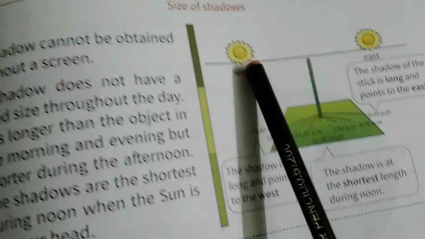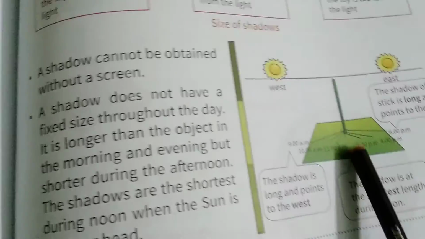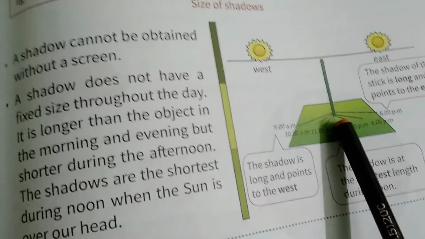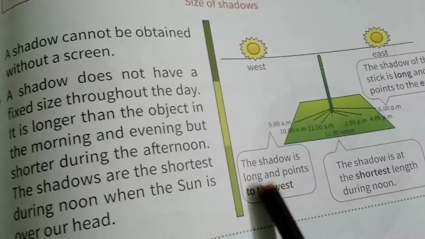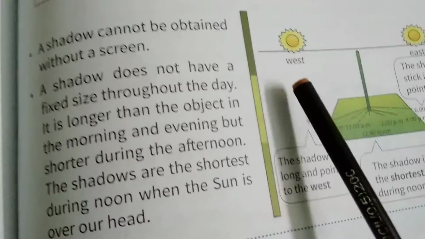During noon, the sun is over our head, so the shadow is always shortest. The shadow is long and points to the west in the setting time, when the sun sets in the west.